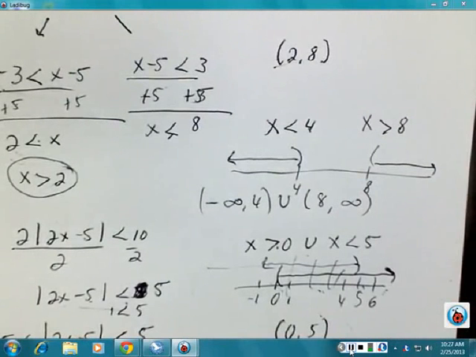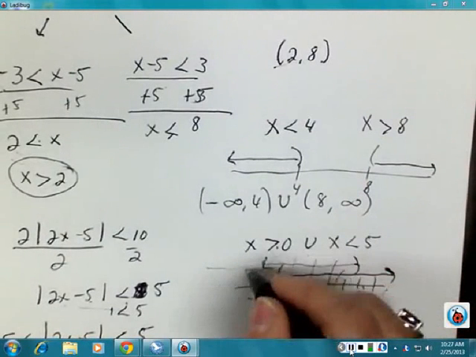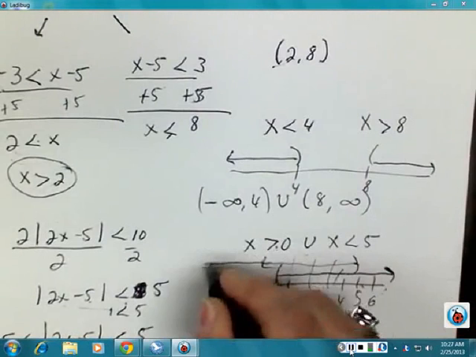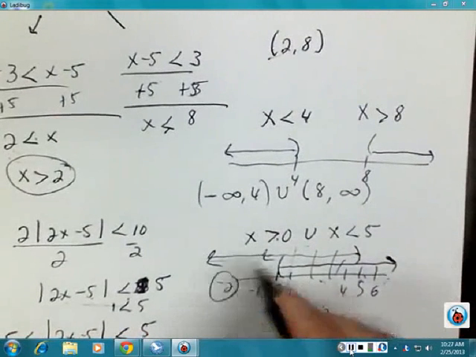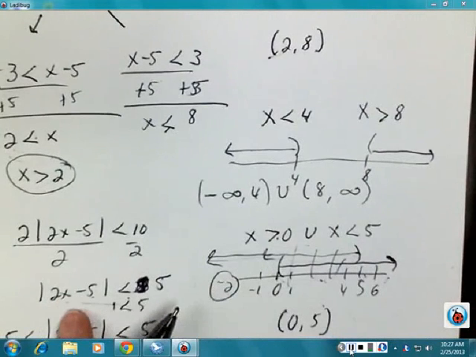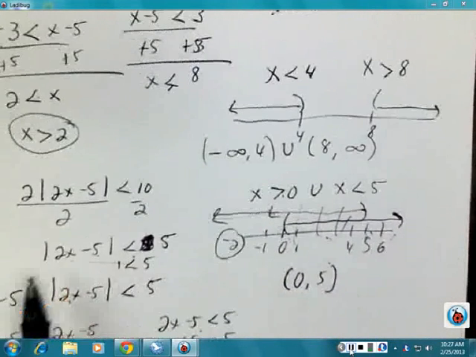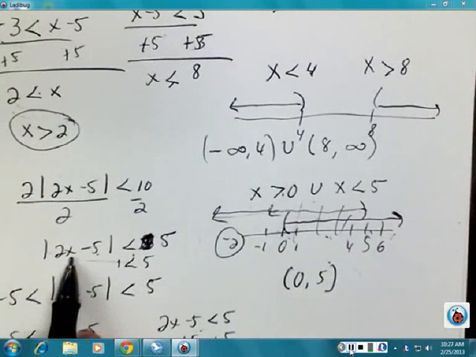They keep going. Yeah. But my problem is, if I pick something out here, because this arrow keeps going right here, but if I picked a -2 for an answer to put in here, it won't work. Because a -2 times 2 is a -4. A negative 4 minus 5 is really a negative 9.